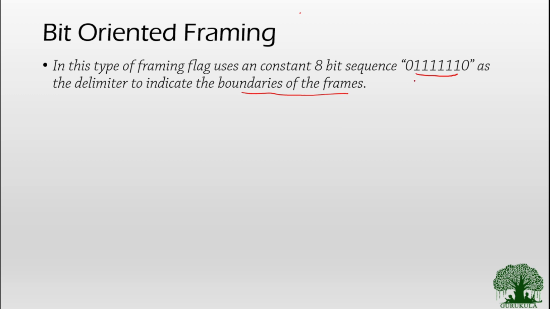Now again, the same problem may appear. There may be some possibility that this flag sequence appears in the data sequence also. So what I should ensure is, in the flag I have 6 consecutive ones, so in the data sequence I should ensure that there are no 6 ones appearing consecutively.